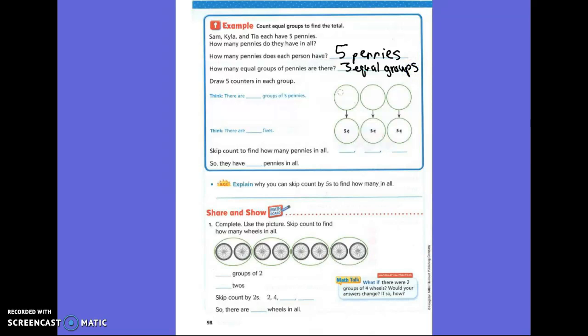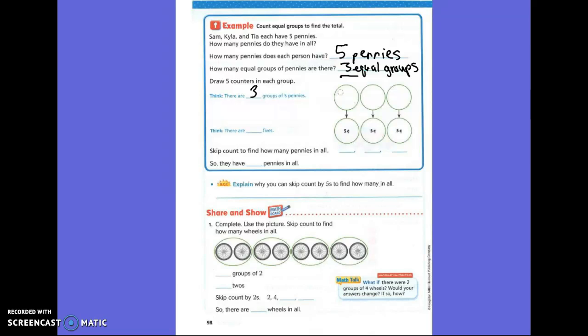Now, the directions say, draw 5 counters in each group. So, you have to think, there are how many groups of 5 pennies? How many groups do we say there's going to be? 3. So there's going to be 3 equal groups. So now, they have 3 big circles for the 3 groups, okay?